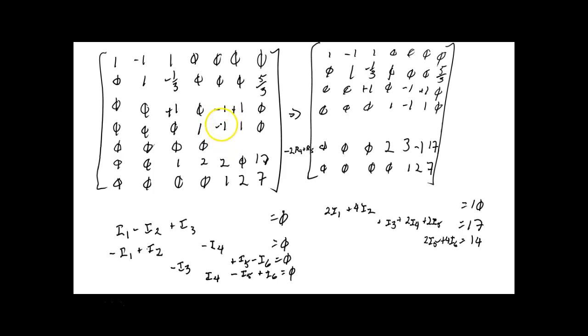Okay. It's going to be 2 minus almost. It'll be what? No. Minus 2 times minus 1 is minus positive 2, plus 3 is 5. Good. And we get minus 3. Yes. Okay. And then we got 17.